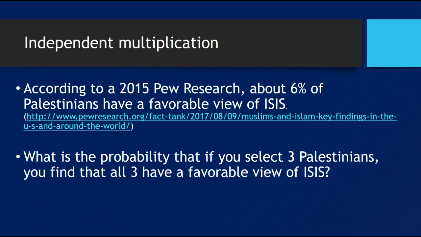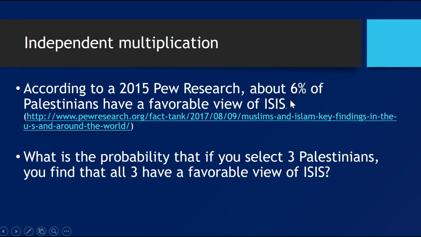Okay. One other thing I want to say about this idea of independent multiplication. We've seen the roulette wheel and this ISIS example. If I ask you about finding these probabilities, I'm going to give you the information, like 6% have a favorable view of ISIS.